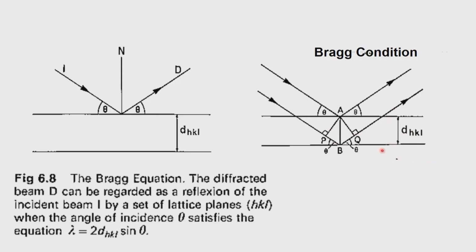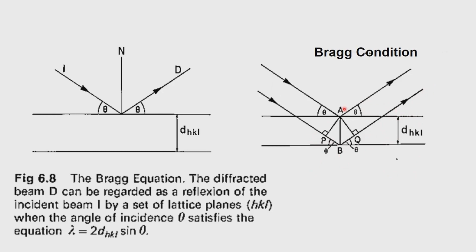Now, you have to calculate the values of Pb and Bq in terms of the theta value. So, you see that this is also theta, and that is also theta. So, you can calculate the length of Pb and the length of Bq, and that will be equal to d of HKL. So, the additional distance that the ray travels is equal to d of HKL, because these two rays are parallel to each other.